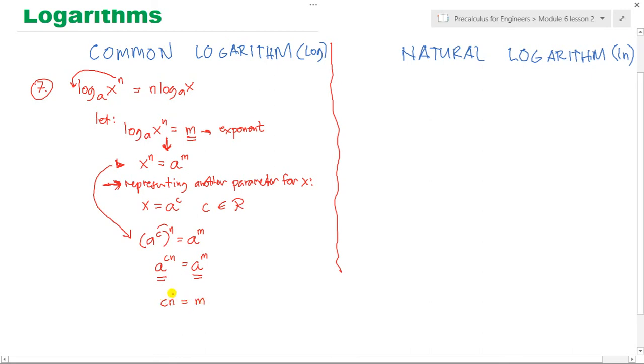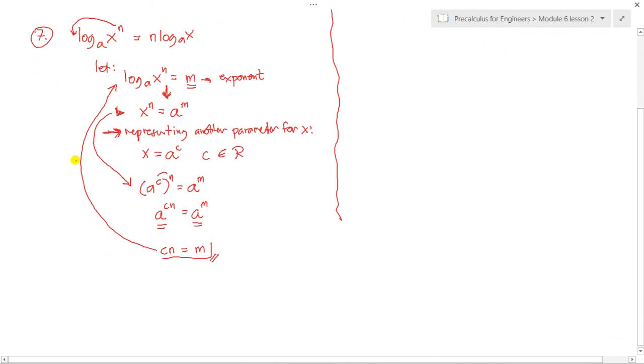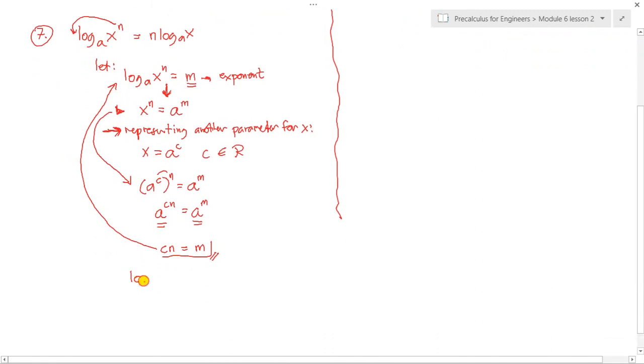Now, kung inyo makita class, diba? Si m di is simply the product of c and n. So ato na siya i-substitute nga ri sa first. So therefore, mingan ta nga si log of x raised to the power of n with the base a is just equal to m, which is equal to cn. That is cn.